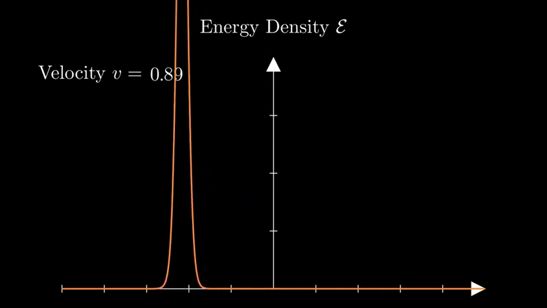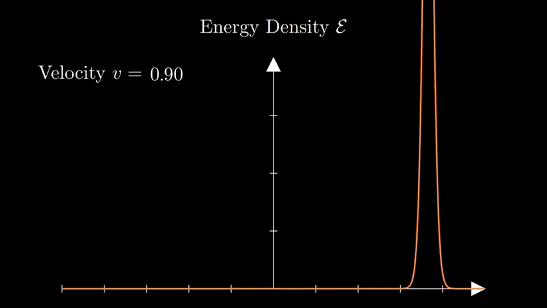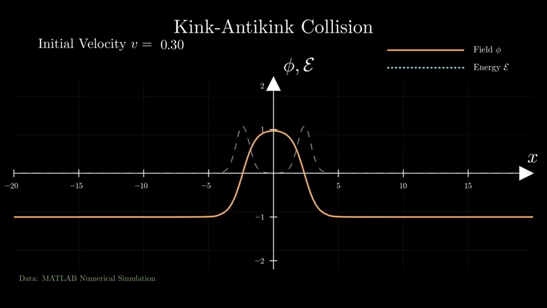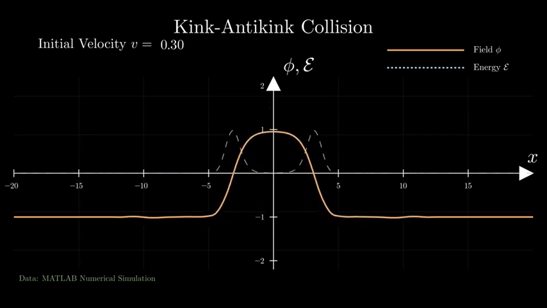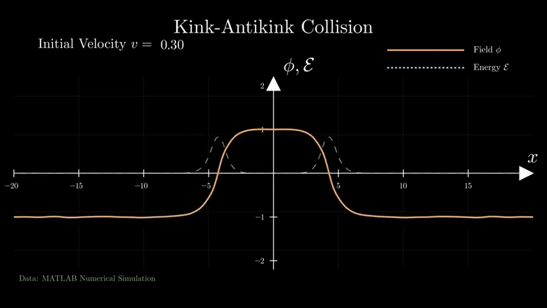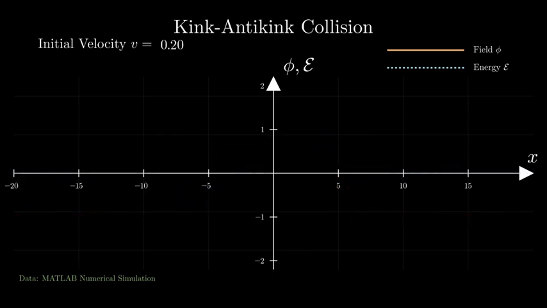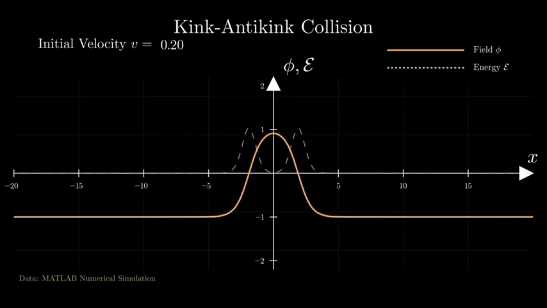Typical parameters I used are n equals 200 grid points, the half domain range L equal to 60, time step delta t equals 0.01, and the total time T equal to 100. Initial conditions used are the analytic Lorentz-boosted kink and anti-kink, so the only parameter varied in the sweep is the initial speed v. The boundary conditions used are homogeneous Neumann.